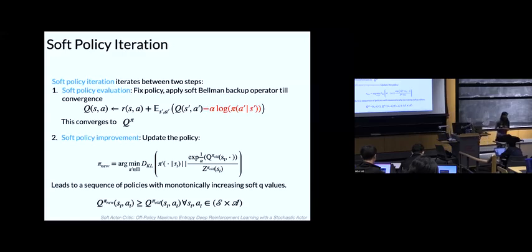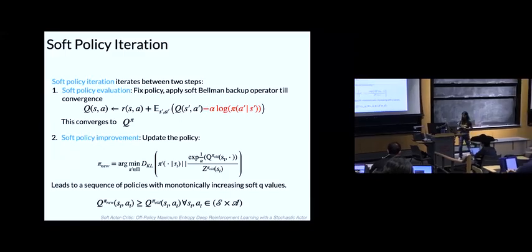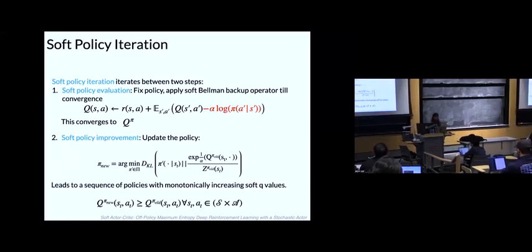All right? Essentially, we want a policy that assigns probabilities to actions proportional to the exponential of the Q state-action values. Is that clear?